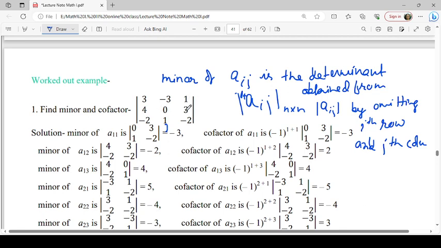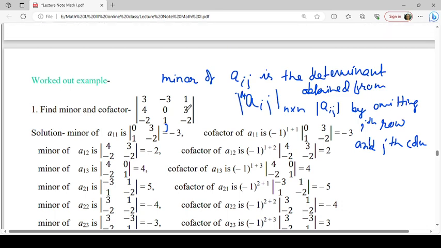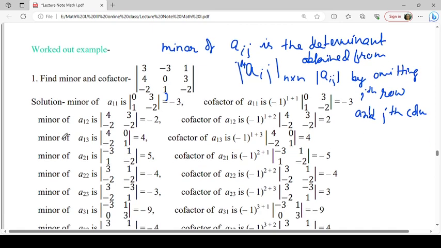So the minor of a23 will be a second order determinant, and the first row is 3 minus 3 and this is minus 2 1. So these are the examples. Here a11 is 3, so we are omitting the first row, first column, so what remains is 0 3 1 minus 2. So this is the minor of a11.